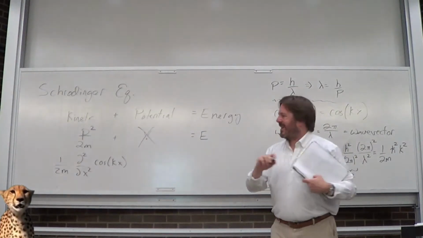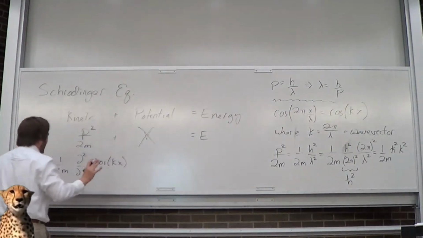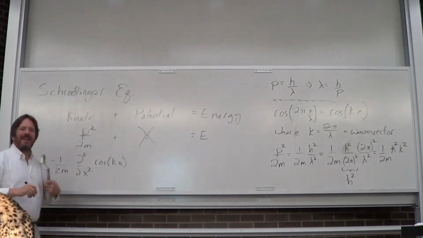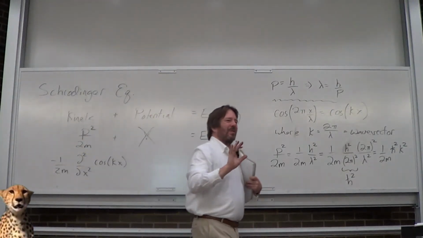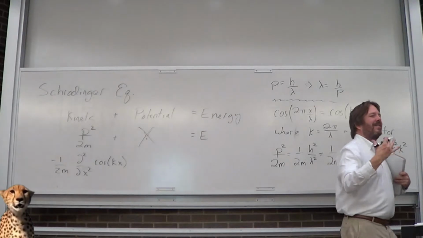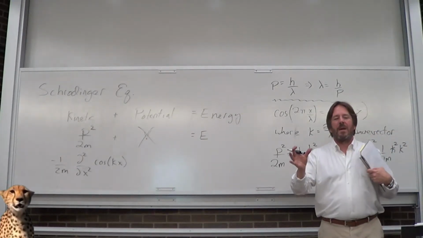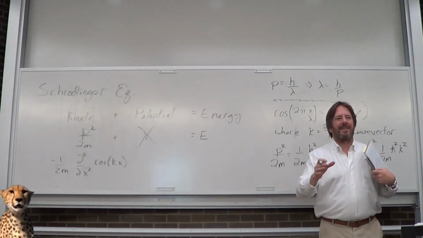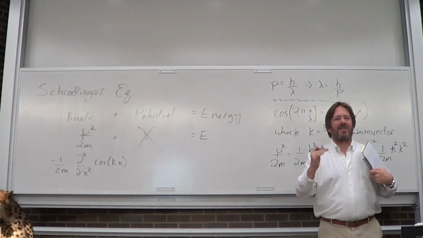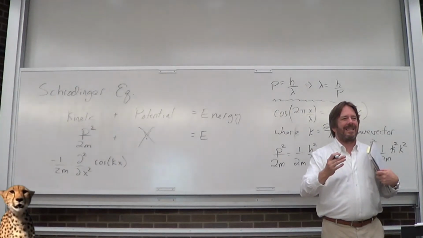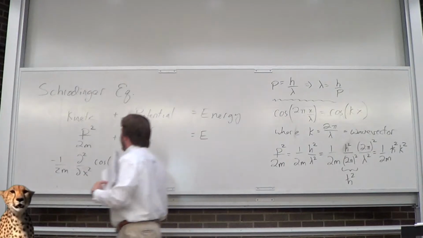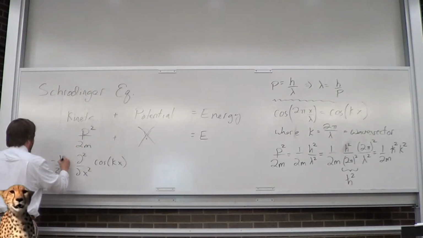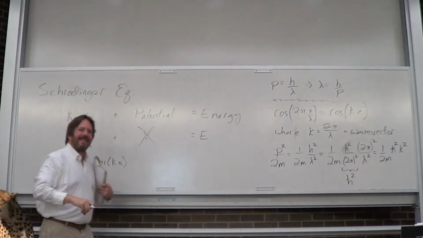Negative cosine. Okay, so now remember he's making this up, so he's just going to put a minus sign there. Okay, cool. That took care of the minus sign. He gets a k squared out, cool. But where's the h bar squared? It's not there, so what does he do? Just put it in. He just put it in.